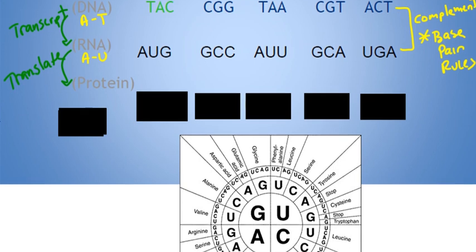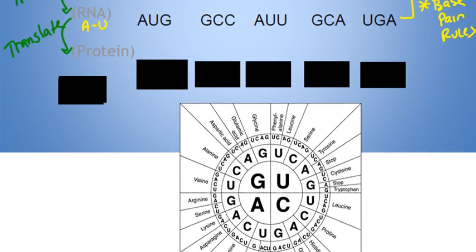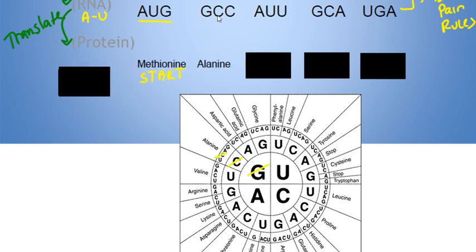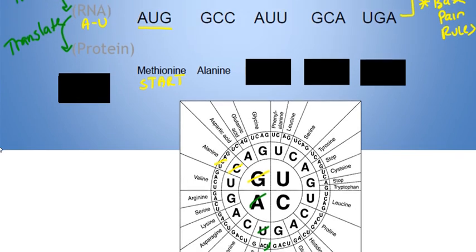Now we are going to go similar to what we did before. Go from RNA, messenger RNA, to protein. We have to use our codon chart to assist. AUG is our start. You should become familiar that this one is always going to be methionine, which is our start. This is still an amino acid though. GCC, that's alanine. Then we have AUU, and it looks like that one is isoleucine.